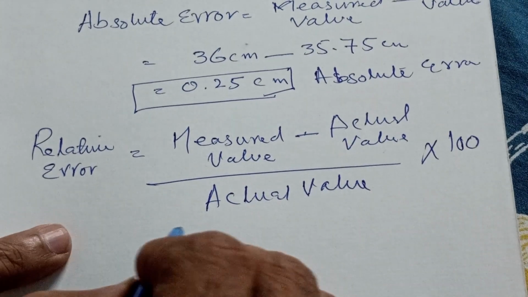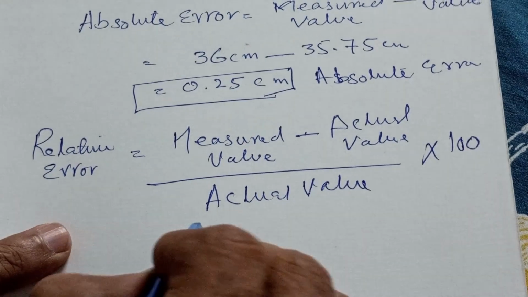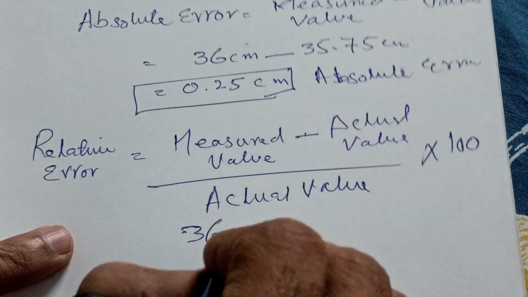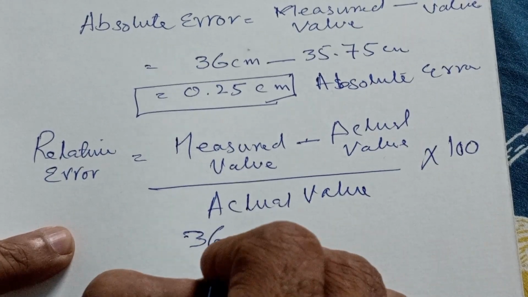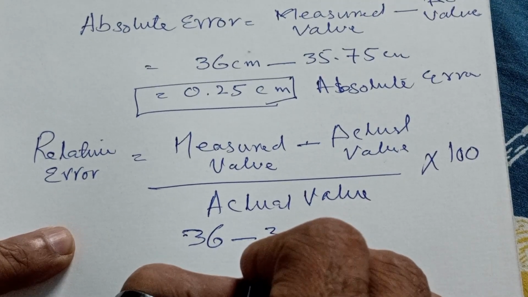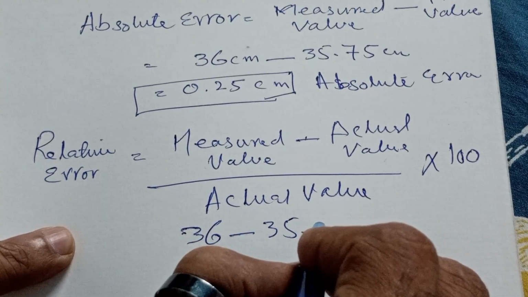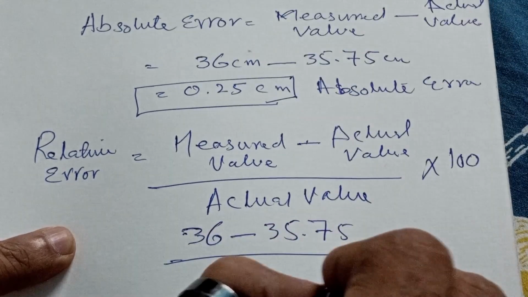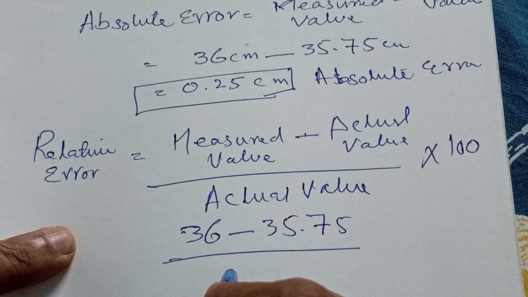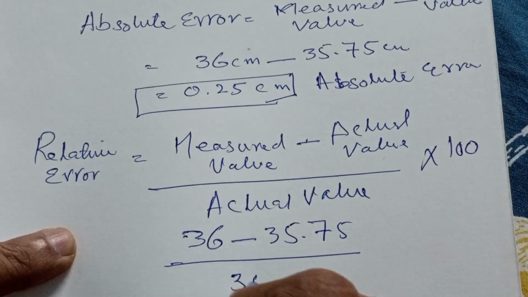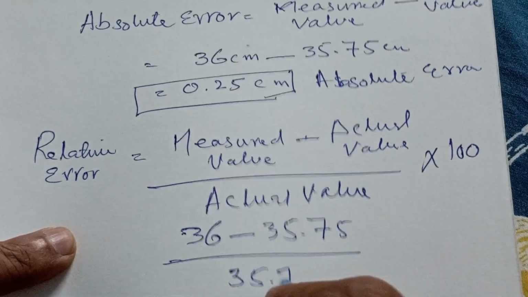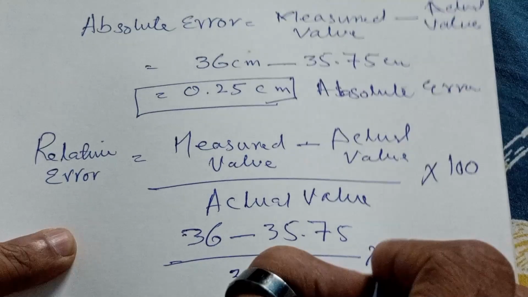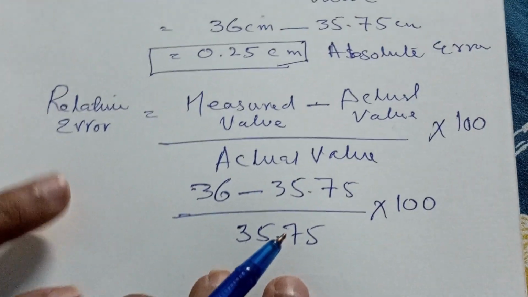So the measured value is 36 minus the actual value 35.75, again divided by the actual value, that is 35.75, into 100, right?